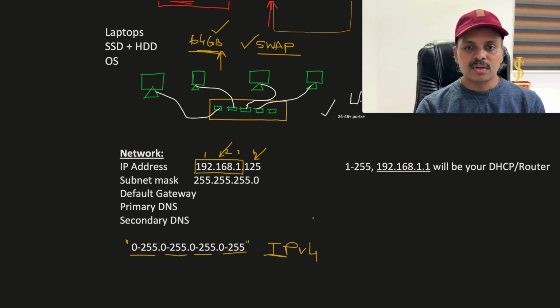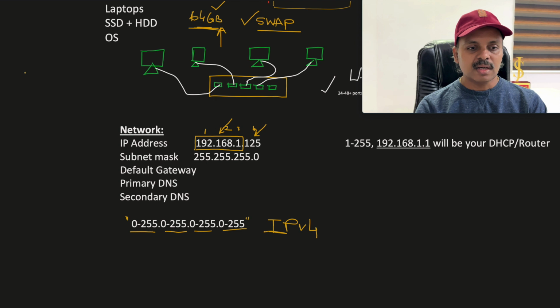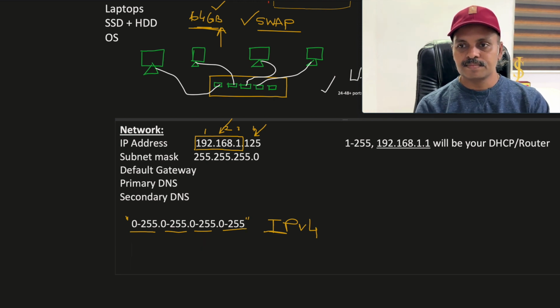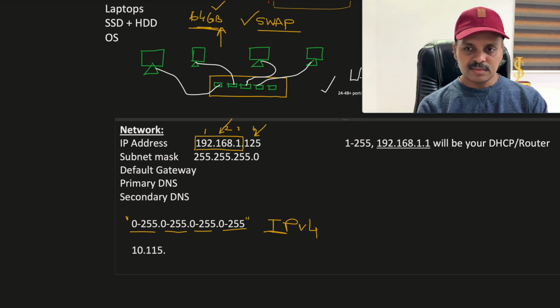In your company, if you have observed, your machines have some IP address, maybe something like 10.1.1.5 or any of this sort. Can any one of you tell me what your machine IP addresses look like in your environment?